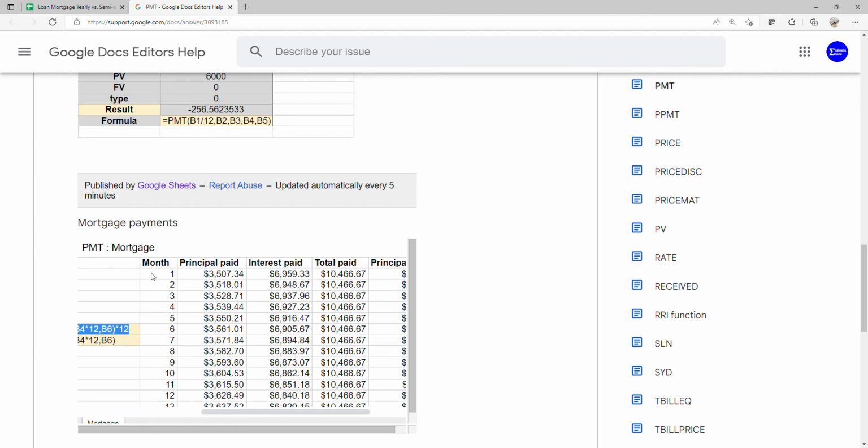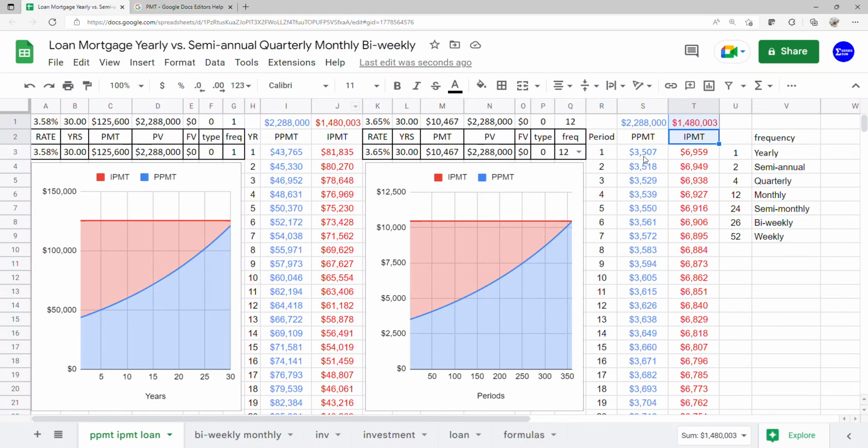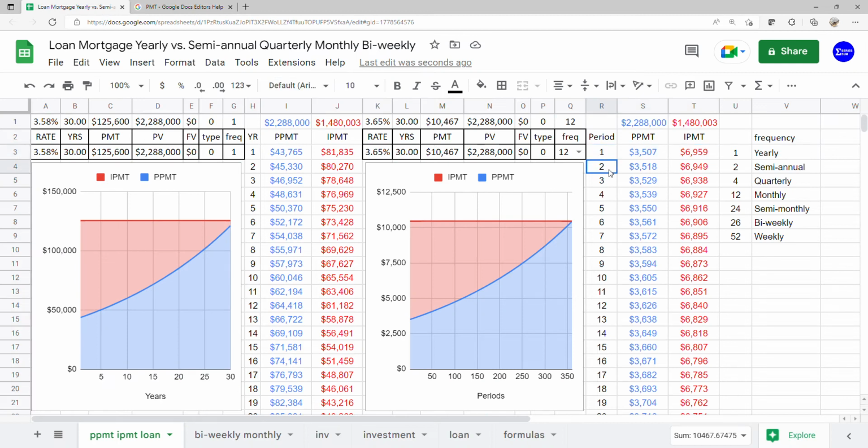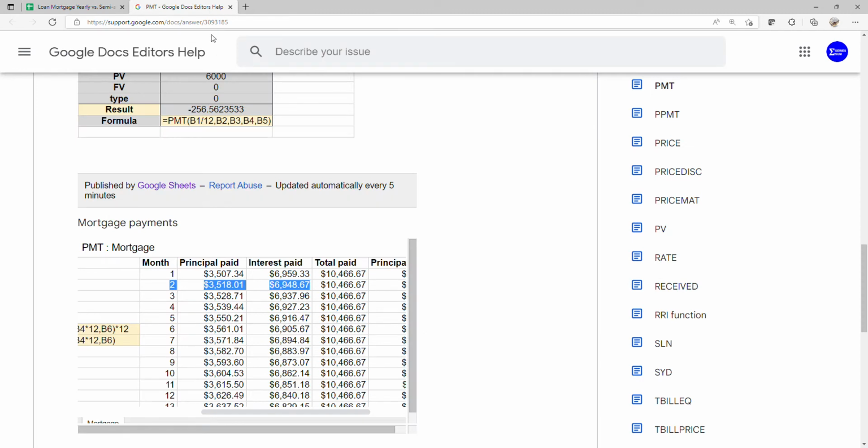So, on the first month, you have this value, 3507 and 6959. The second month, 3518, and this one is 6948, well, it's rounded off to 6949.